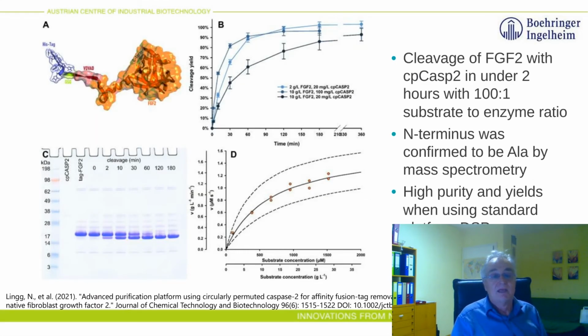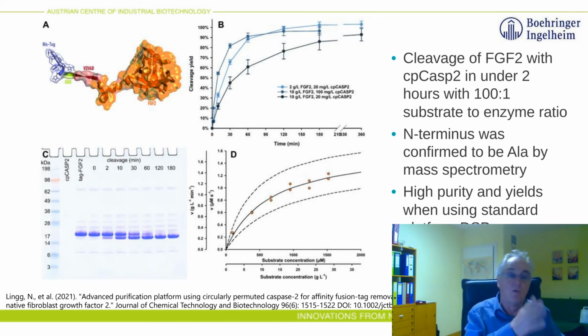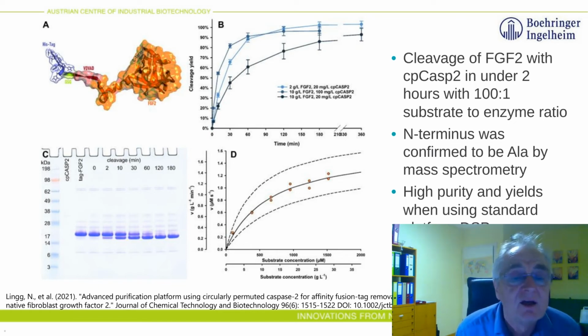So here in the upper slide you see what you already saw, how this FGF has been constructed. And then in panel C, you see the cleavage kinetics over time. Within 2 hours we have a complete cleavage.